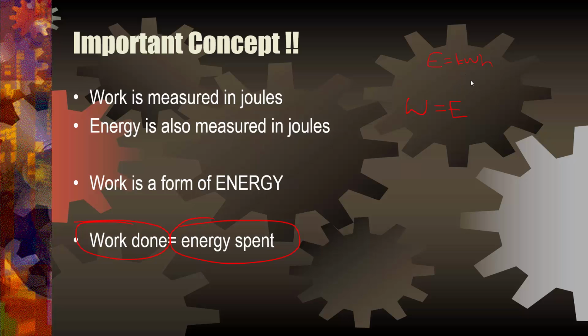When we're talking about mechanical energy, which is what we're in now, energy is also measured in joules, because remember, joules is for work. Work equals energy, therefore energy equals joules as well. For the practice problems and your problems that you'll see on your final, these are going to be interchanged. We'll either say, what is the work of this? What is the energy spent on this? That means the same thing. Just like force of gravity means the same thing as weight, work equals energy.